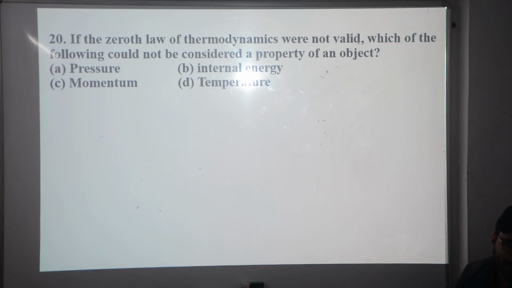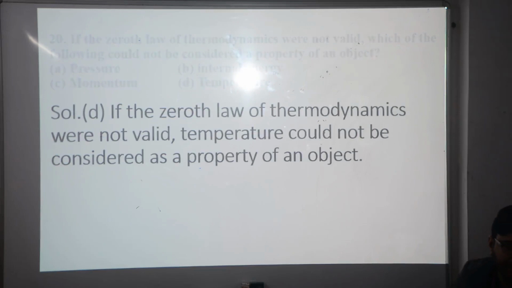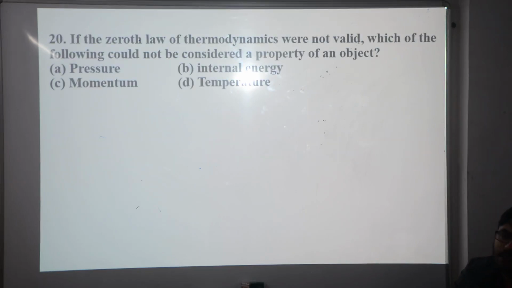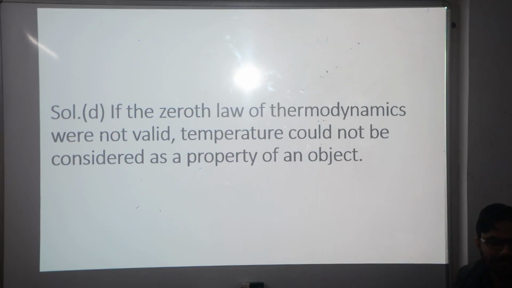Pressure, internal energy, momentum, temperature. Let's see, that should be temperature. Why? We are going with the explanation. If the zeroth law of thermodynamics were not valid, temperature could be considered as a property of the object.